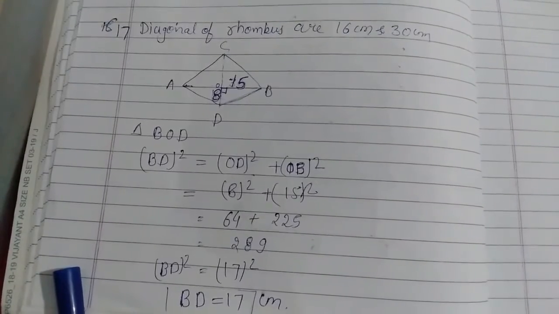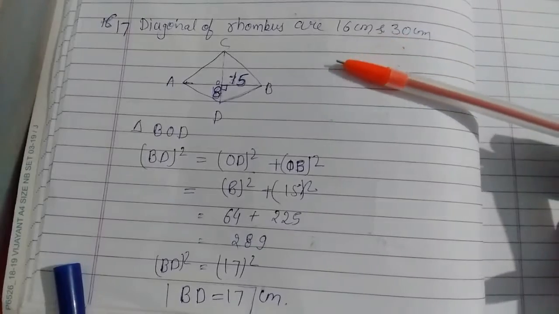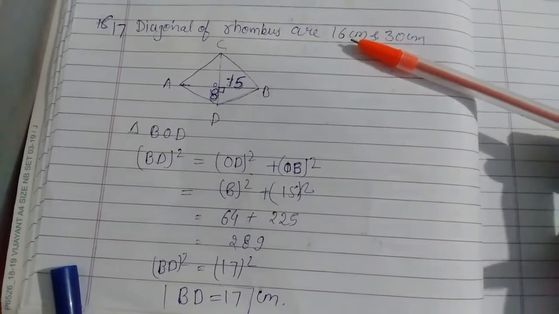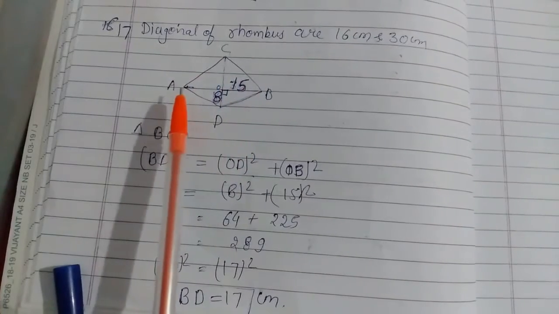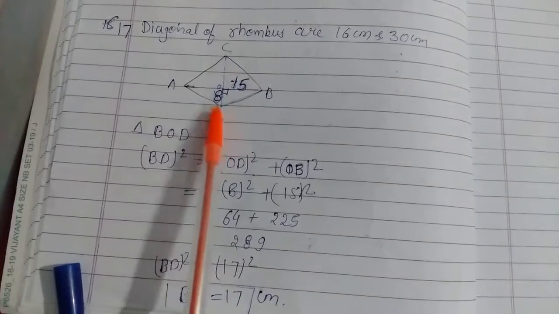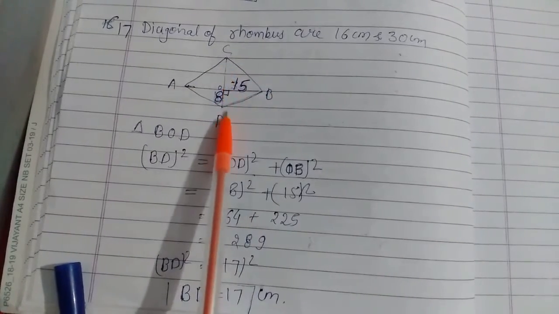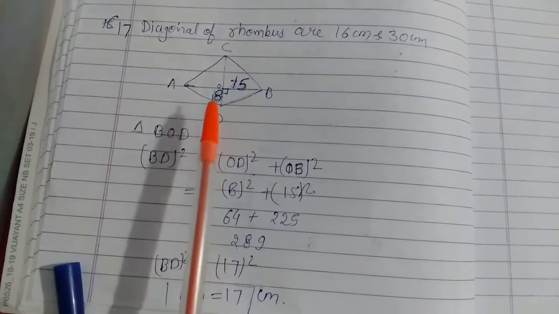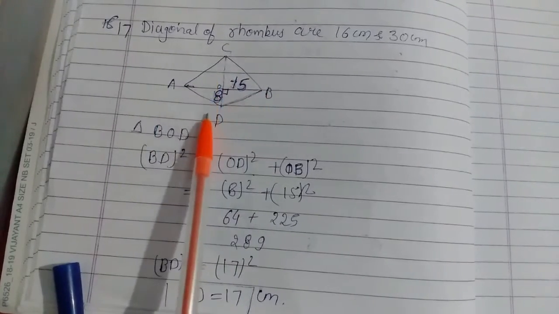Now question number 17. In the 17th question, the diagonals of a rhombus are 16 centimeter and 30 centimeter. See, this is a rhombus and its diagonals are AB and CD. I am considering AB as 30 and CD as 16. We already know that diagonals bisect each other.